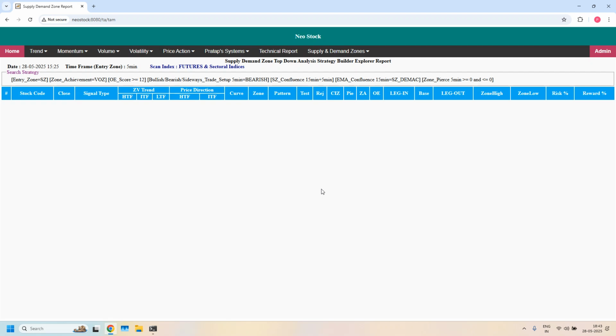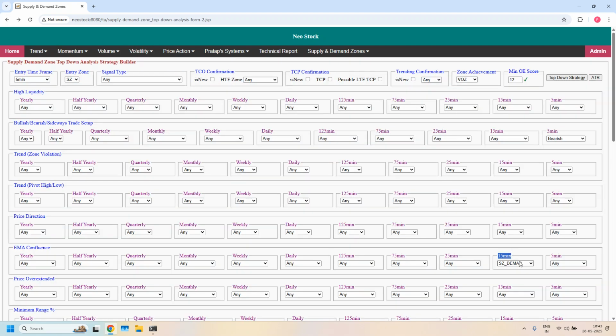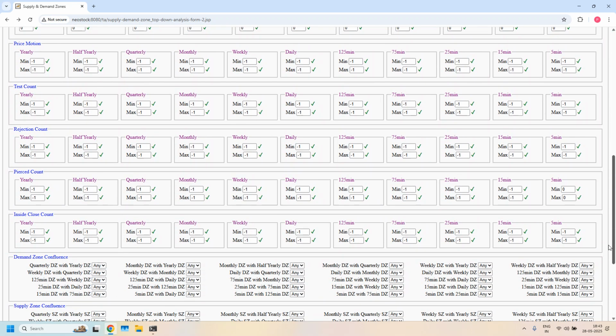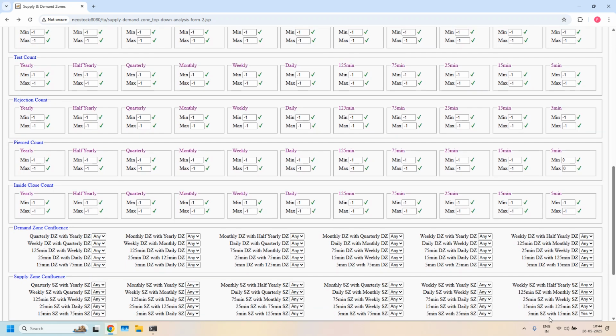Okay, next we will look into LTF, ITF, HTF supply zone confluence supported stocks. I am removing EMA filter. Supply zone confluence, 3 filters we have to set. First filter is already enabled, 5 minutes and 15 minutes. Next 5 minutes and 75 minutes supply zone confluence. 15 minutes and 75 minutes supply zone confluence.